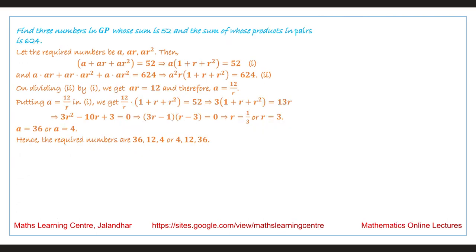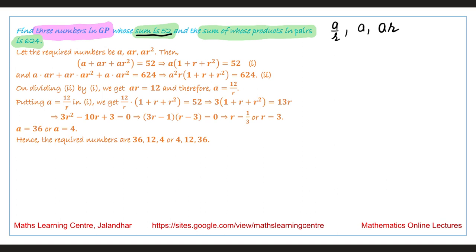Now next we have is find the three numbers in GP whose sum is 52 and the sum of whose products in pairs is 624. So now the sum is given, we can assume the numbers as a by r, then a and then ar.